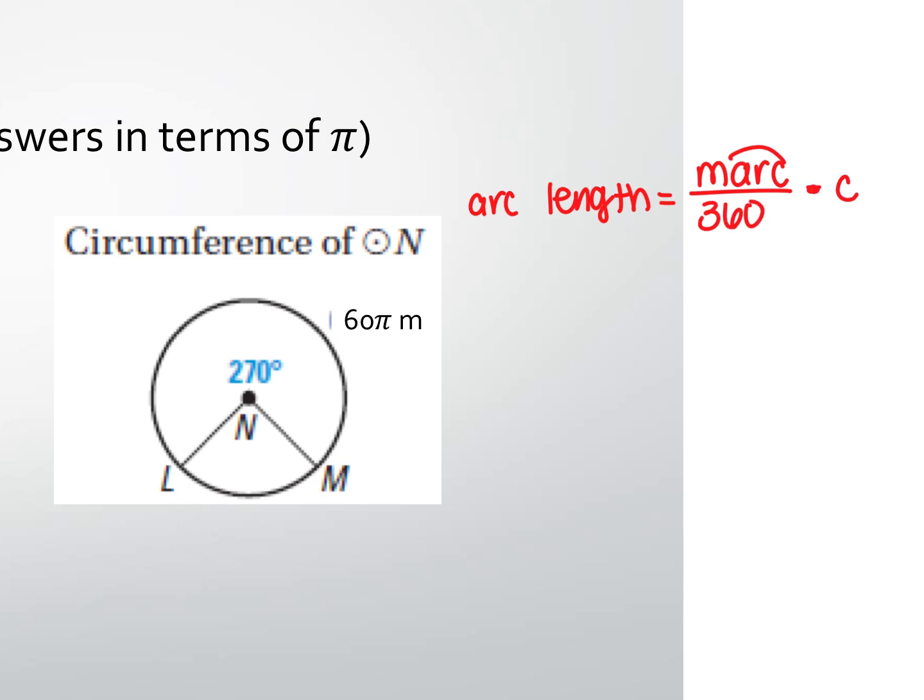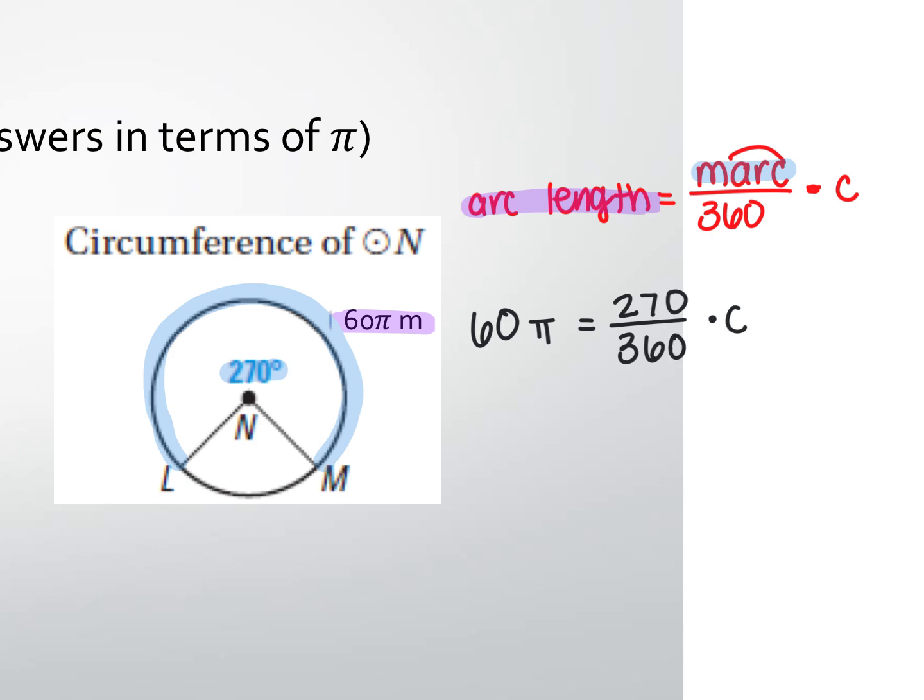So let's go ahead and solve. Do I know my arc length? Yes, I do. My arc length is 60 pi. And then the measure of my arc is 270. So plugging in what I have, I'm going to have 60 pi equals 270 over 360 times my circumference.